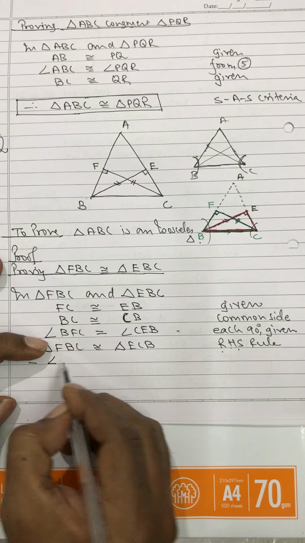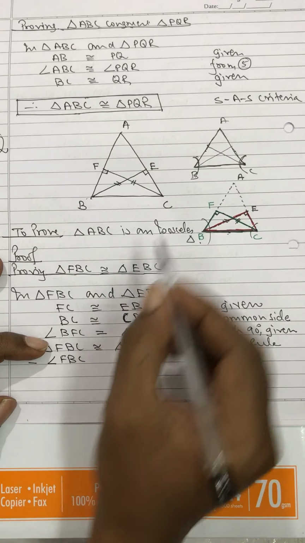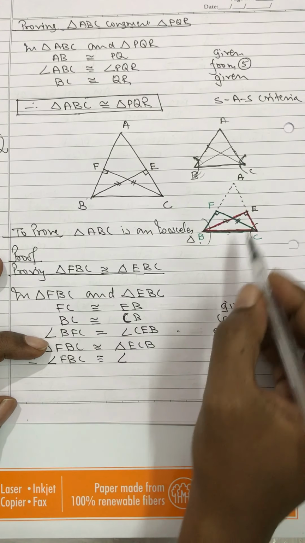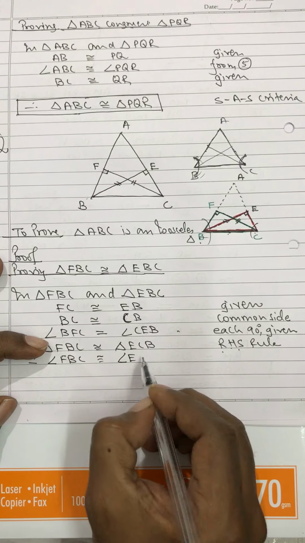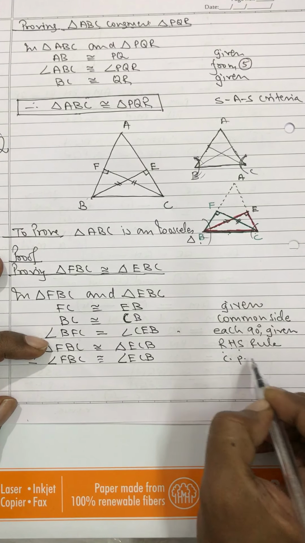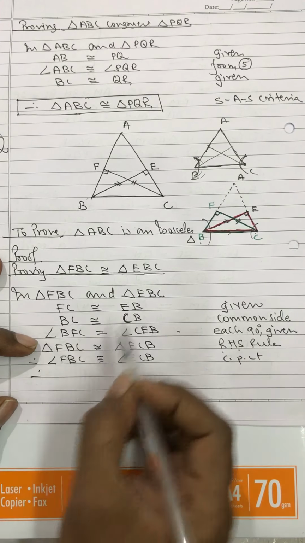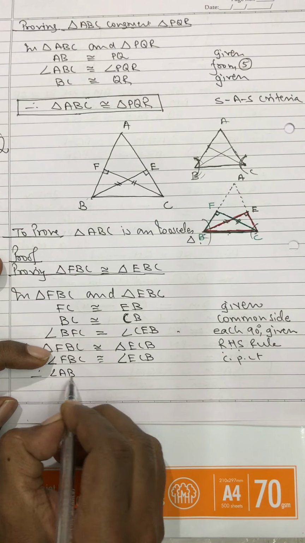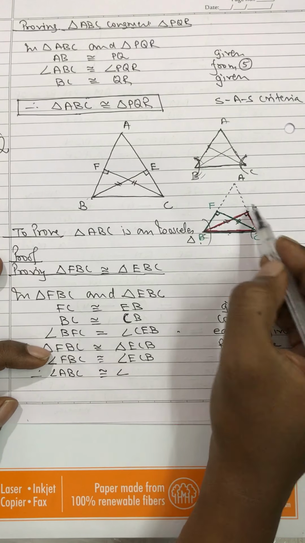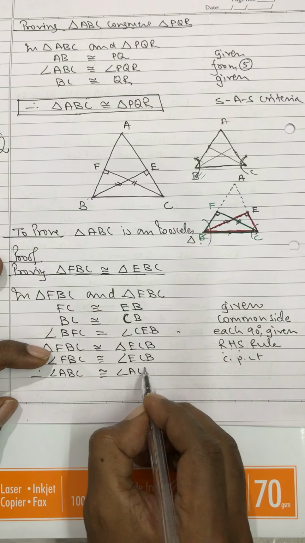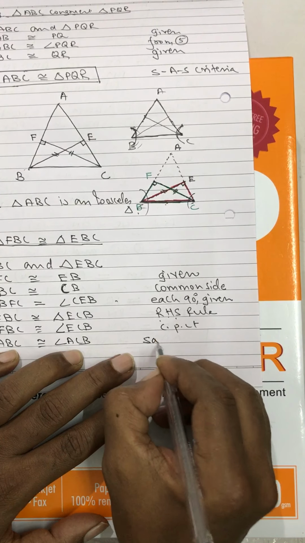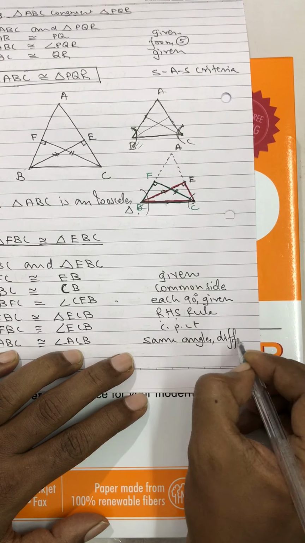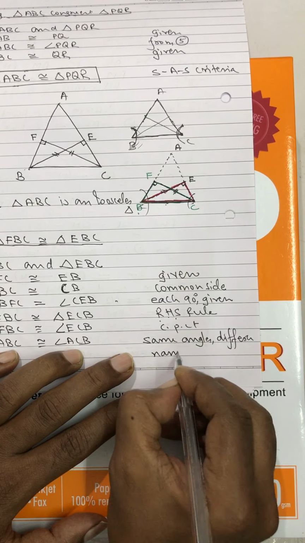Therefore, I will tell angle FBC is congruent to angle ECB because of CPCT. But my interest is not in FBC. Angle ABC is congruent to angle ACB. Reason will be same angles, different names.